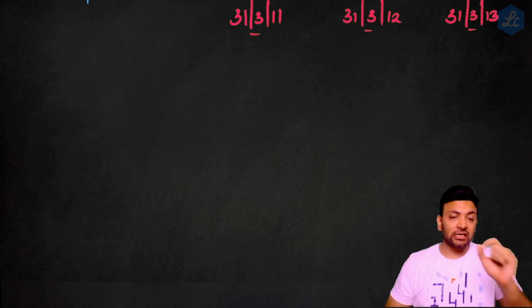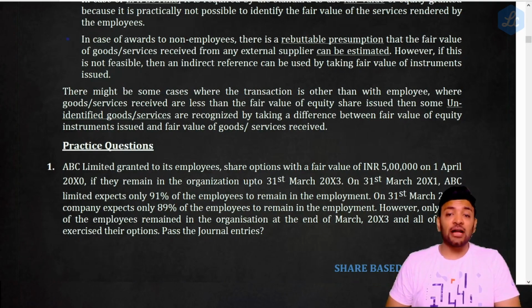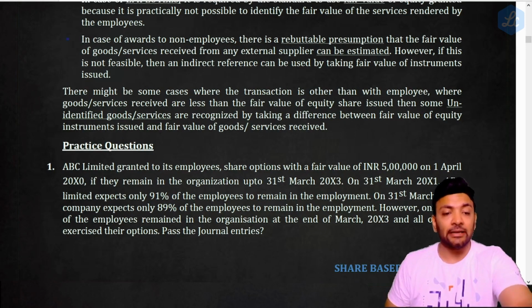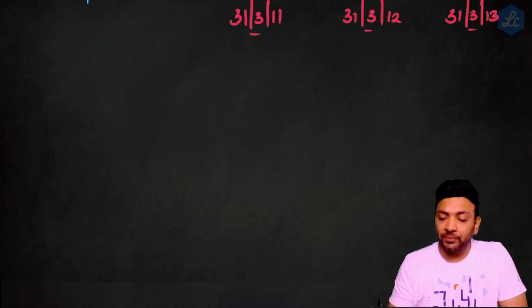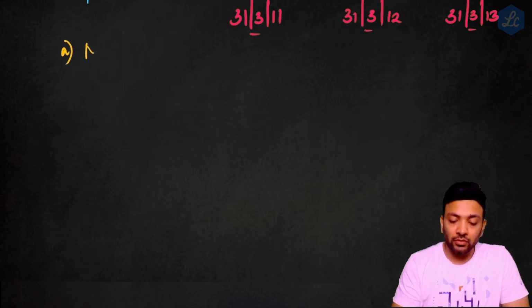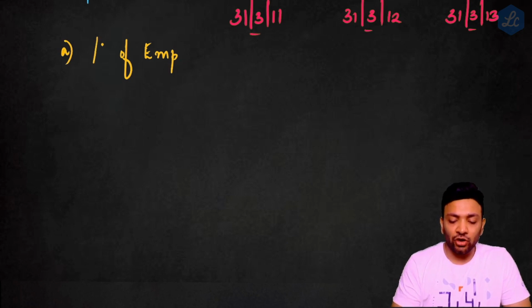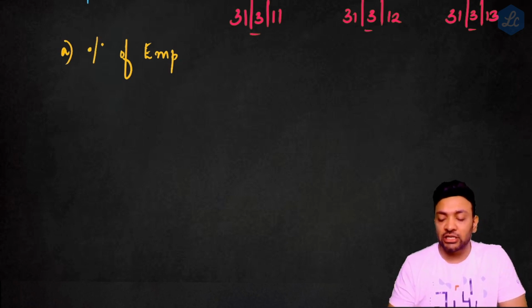Now, for these 3 years, I'll have to recognize a provision regarding your share-based payments. How do I recognize a provision? Now you read through the question. On 31st March 2011, ABC Limited expects only 91% of the employees will remain in employment. On 31st March 2012, they expect only 89% to remain in employment. However, only 82% have completed the 3 years of vesting, have remained in the organization at the end of 31st March 2013. So he has given me the number of employees, not numbers guys, percentage in this case. Normally they would give numbers, but here it has been percentage.